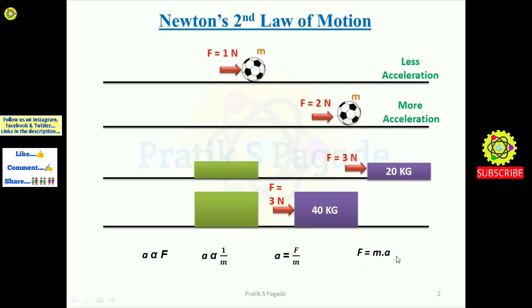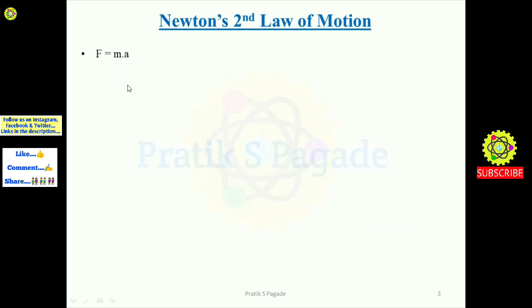So further, F is equal to ma, that is, force is equal to mass into acceleration. Force is measured in newton, m is measured in kg, and acceleration is measured in meter per second square.